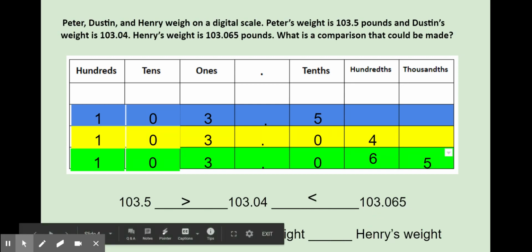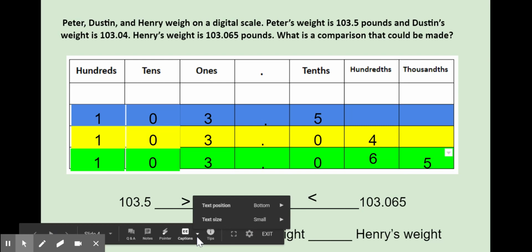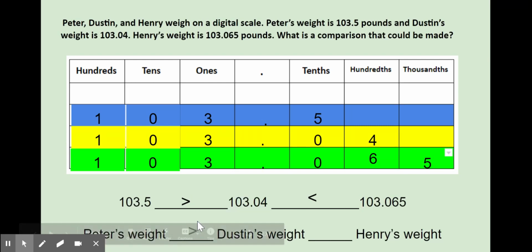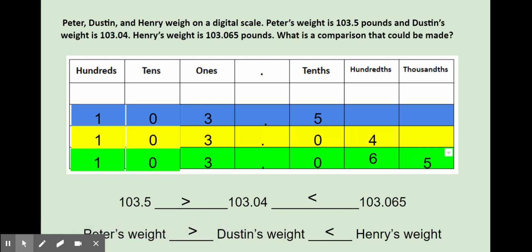Or we could say Peter's weight is greater than Dustin's weight, but Dustin's weight is less than Henry's weight.